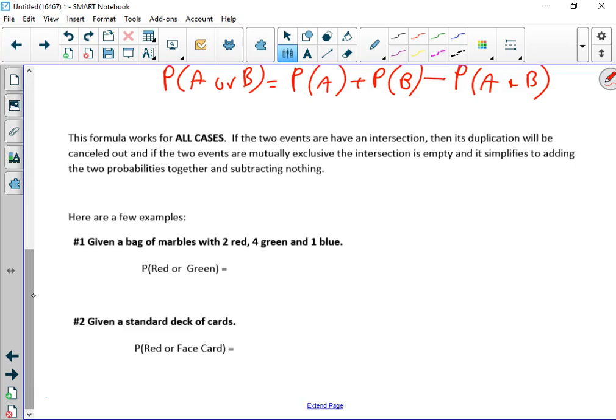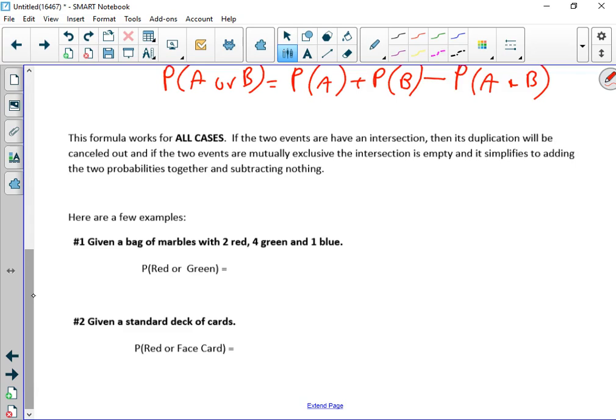So, this formula works for all cases. If the two events have an intersection, then its duplication will be canceled out. And if they are mutually exclusive, it's empty, and it applies to adding two probabilities together and subtracting nothing.